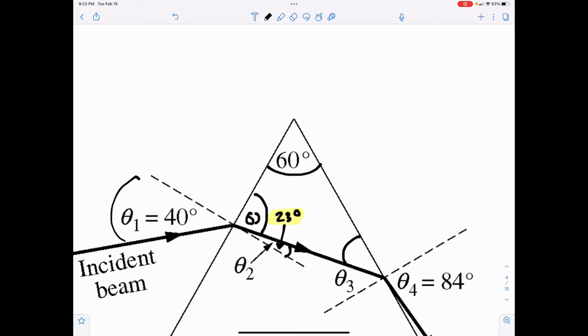So 180 minus 60 minus 67 is 53 degrees, which means 53 plus theta 3 are complementary. So now if I go 90 minus 53, that makes theta 3 equal to 37 degrees. Okay, so I need that to be able to do the next part of the problem.